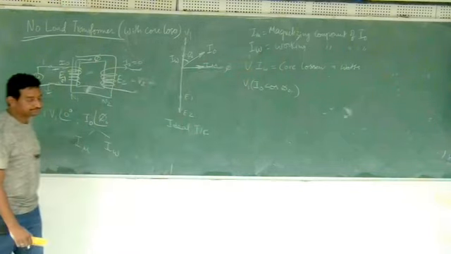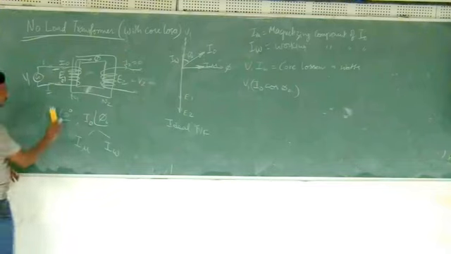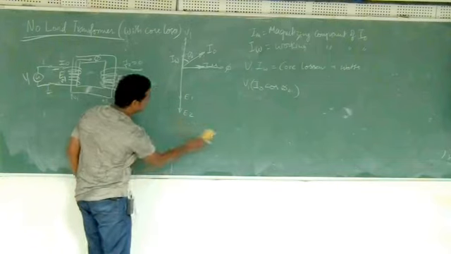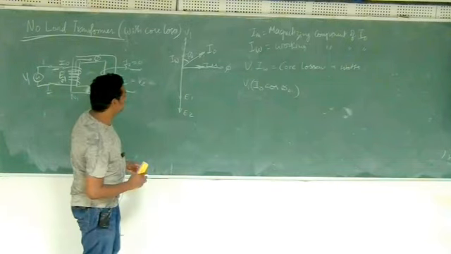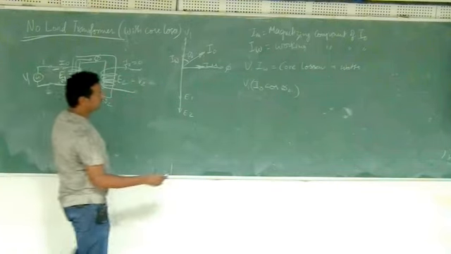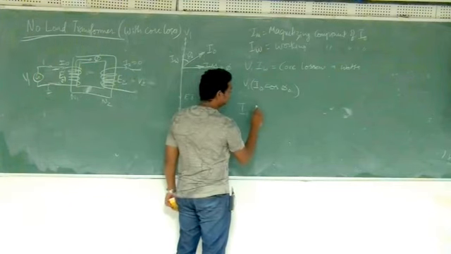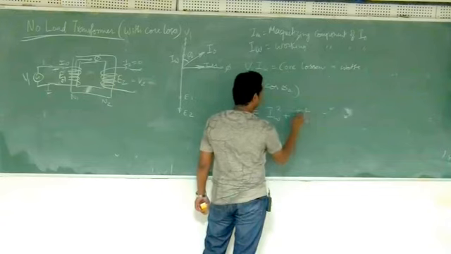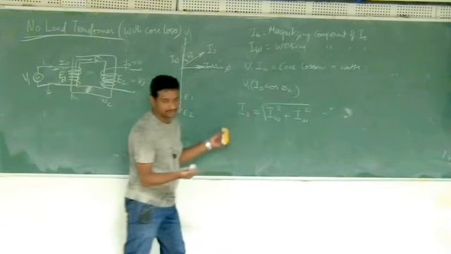So let's look at a quick problem. I think you can immediately write I0 equal to the square root of IW square plus I mu square. This is just a triangle.